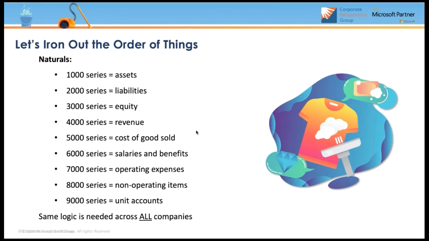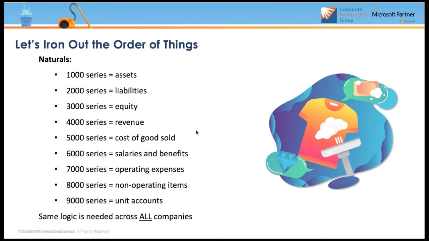Some people put depreciation down there as well because they may be driving an EBITDA calculation and they want to keep all the interest, depreciation, amortization stuff in its own sequenced area, below OPEX. And then 9,000 for unit accounts. So, any statistical tracking accounts in the 9,000 series.